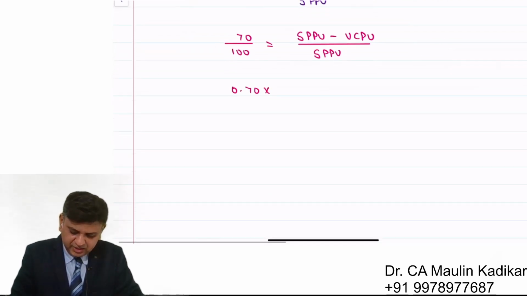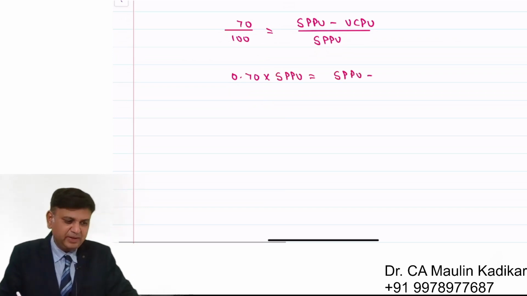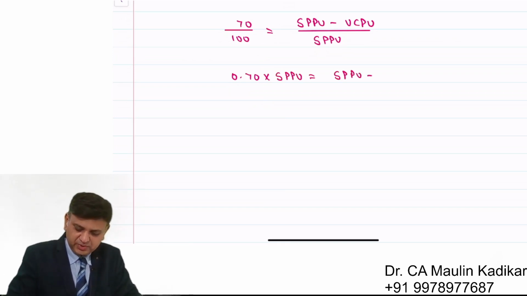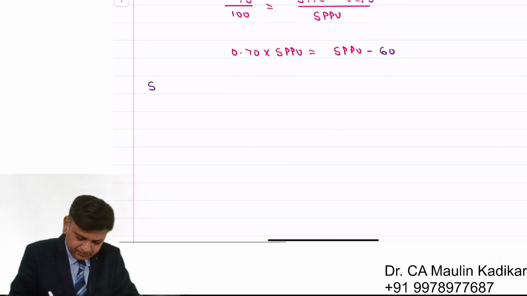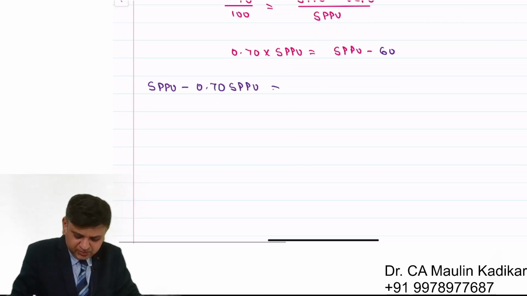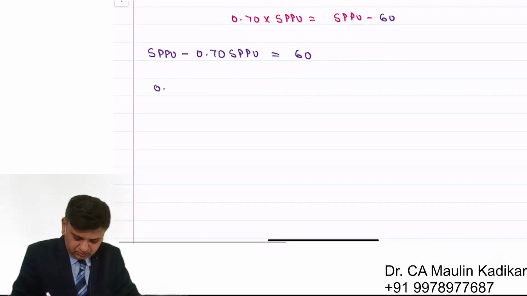So 0.7 into selling price per unit is equal to selling price per unit minus variable cost per unit, which is 60 rupees. 0.7 is transferred to the opposite side. So selling price per unit minus 0.70 selling price per unit is equal to 60.